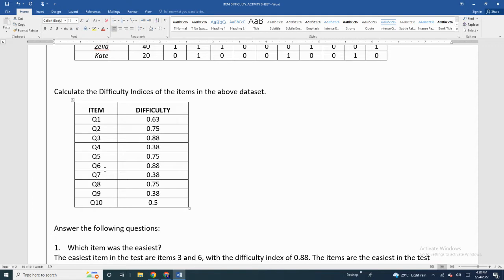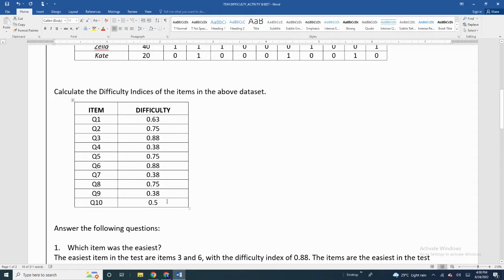So when we look at these difficulty indices, it does appear as if the test fluctuates in terms of complexity. No care has been taken by the teacher to ensure that the items are arranged from the easiest to the most difficult.